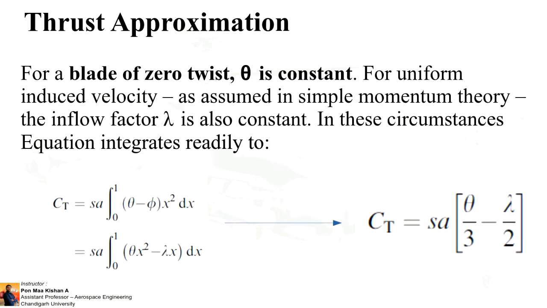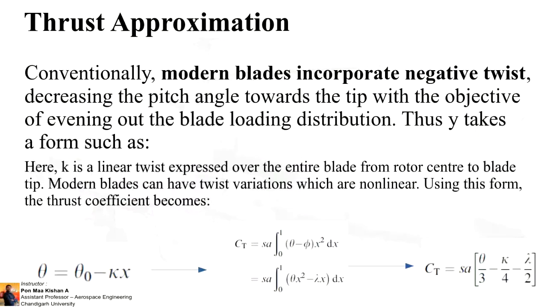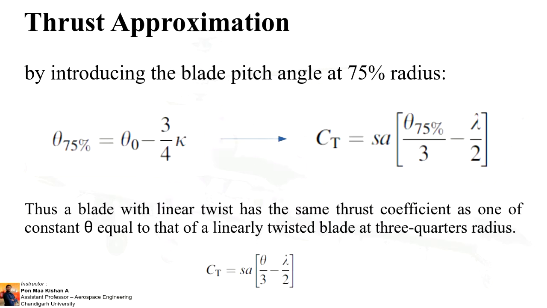Theta by 3 is there, minus lambda by 2 is also there. The additional term is minus k by 4. Here it is x squared, and already one x is there, so x squared multiplied by x is x cubed. Integrating x cubed gives k by 4, with limit 1. So that is the difference between the twist condition and the without twist condition.